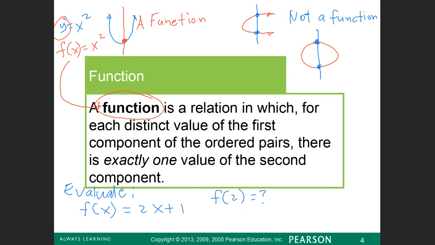So this is your x value. Just plug it into the equation. So you will get f of 2 is equal to 2 times 2 plus 1. What is 2 times 2? It is 4, plus 1 is 5. So that would be our answer there. So that is how you evaluate a function.